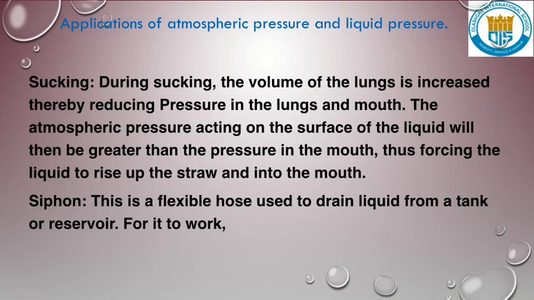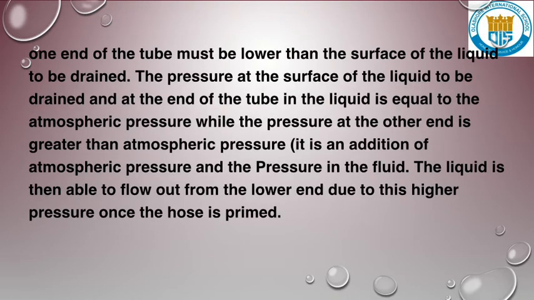Also, we have the siphon. The siphon is a flexible hose used to drain liquid from a tank or reservoir. And for the siphon to work, one end of the tube must be lower than the surface of the liquid to be drained.